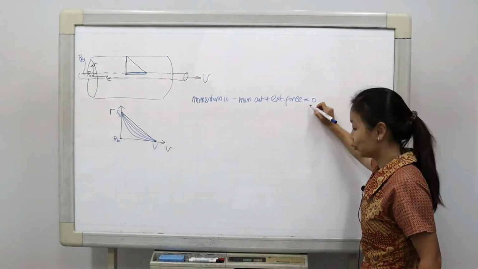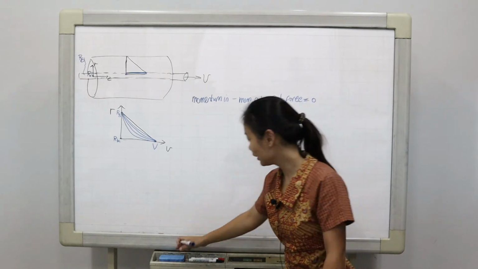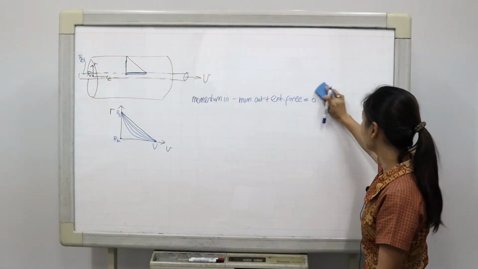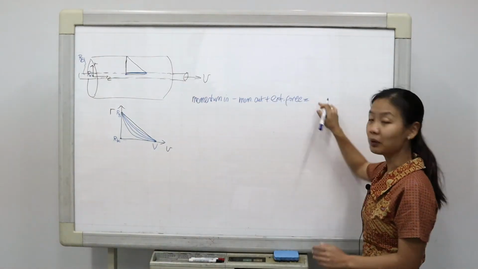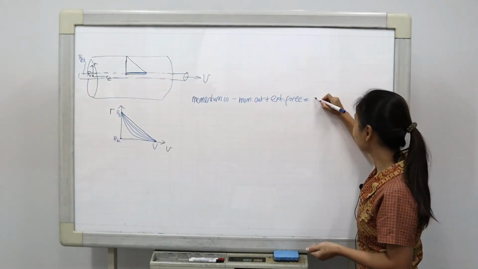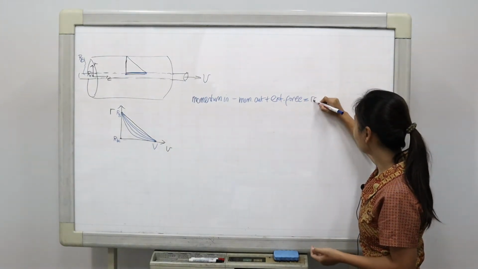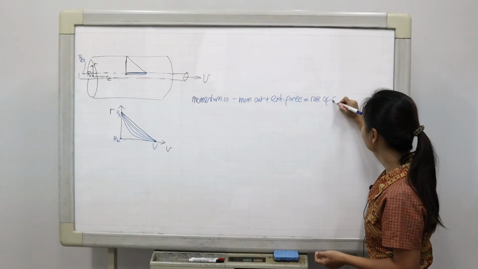So when we have unsteady state condition, this part is not 0. Let's say this is the rate of accumulation.